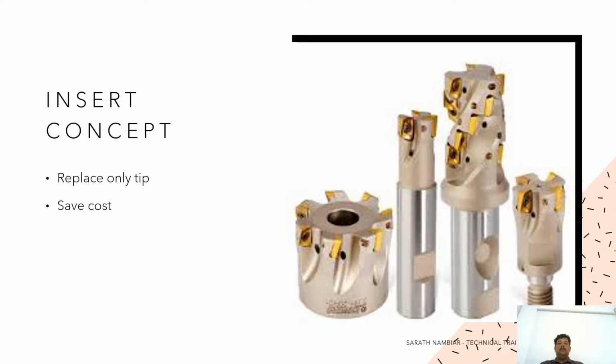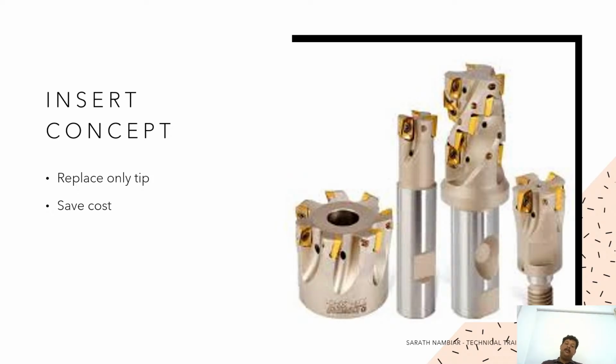That means more cost. Now, what does industry do? Instead of making the full cutting tool, they attach small replaceable tips called inserts. So when the cutting edge wears out, you just change the inserts. The tool body remains the same.